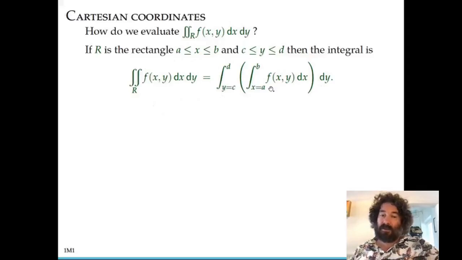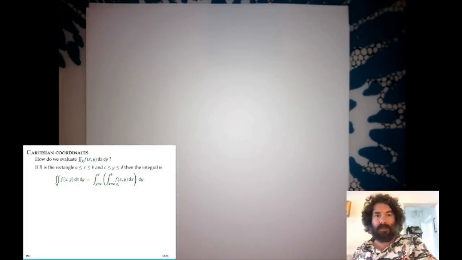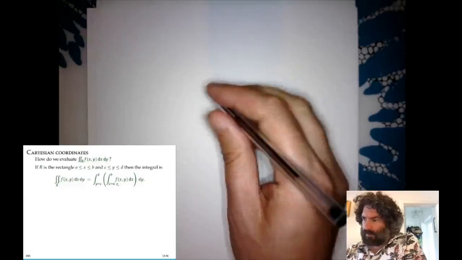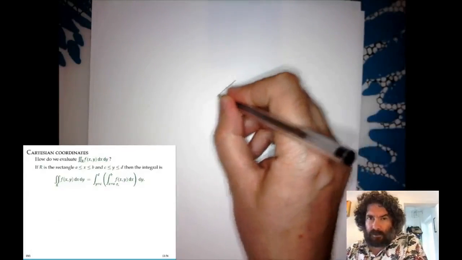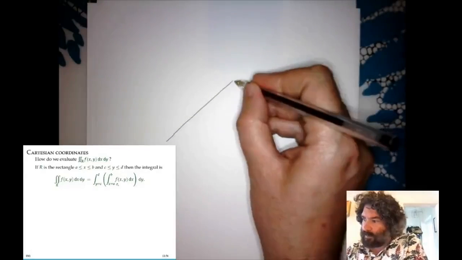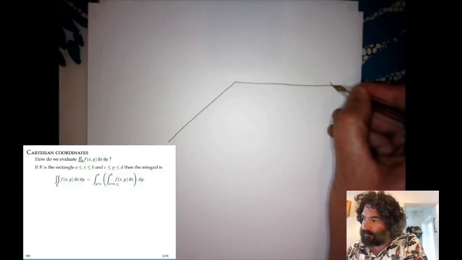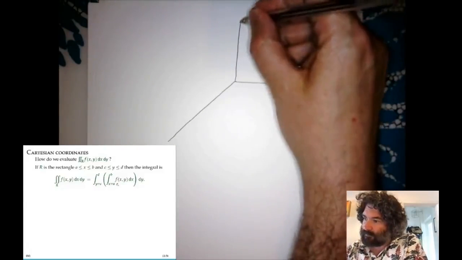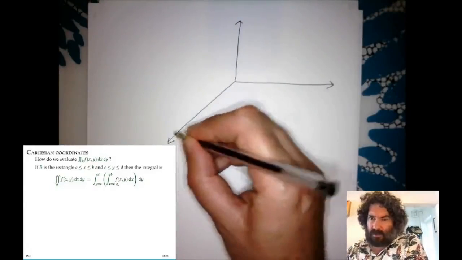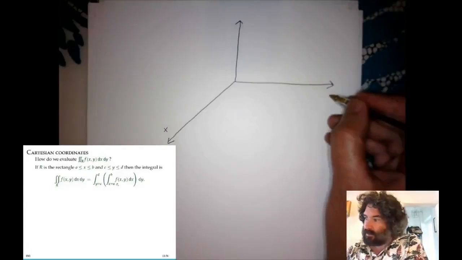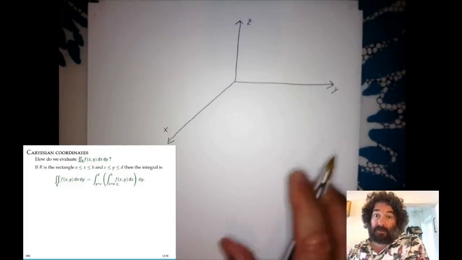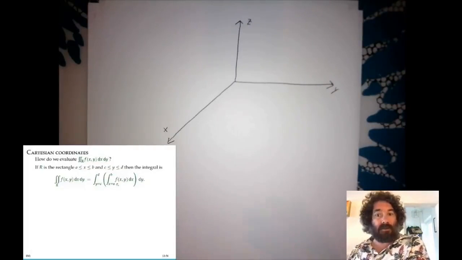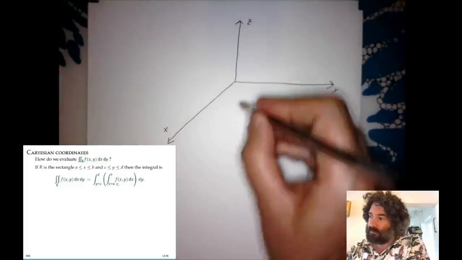And so I'm going to try to draw a picture of what this means. So let's consider these three-dimensional axes. So this is the x-axis, y-axis, z-axis. And this is similar to the diagram I drew when we were discussing partial derivatives.